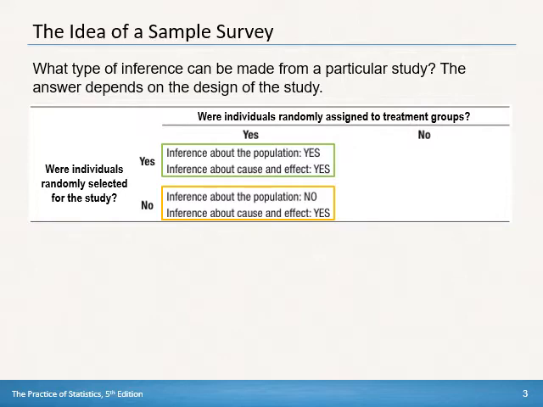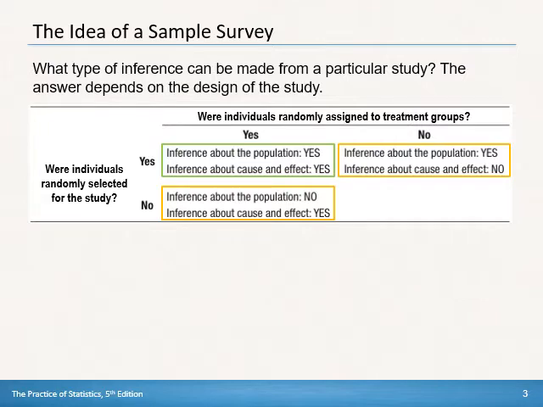Okay, and then the other place that we often are is here. And this means, no, we did not randomly assign them to treatment groups. In other words, we did not run an experiment. And instead, we did randomly select them for this study. So we can make inferences about the population, but we can't show cause and effect.